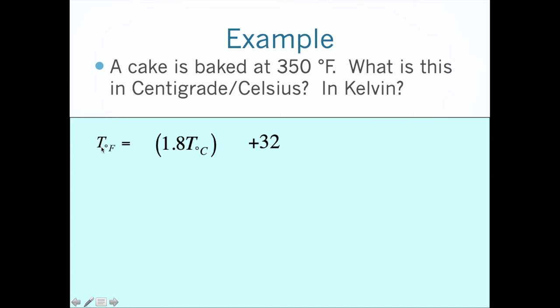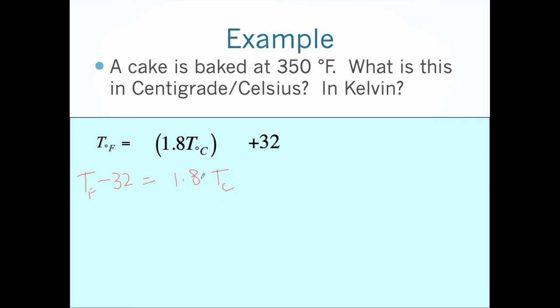Let me do this stepwise so you can see how that works. If I subtract 32, that cancels it on this side, but I have to write it as subtracting 32 on the left. So I have my temperature in Fahrenheit minus 32, and that's going to equal 1.8 times my temperature in Celsius.